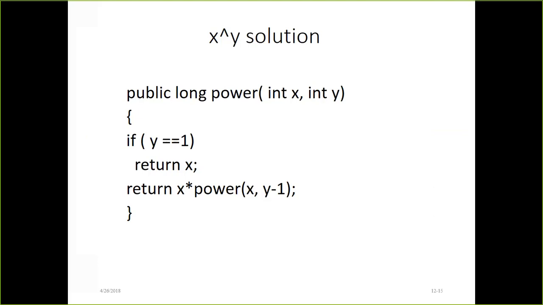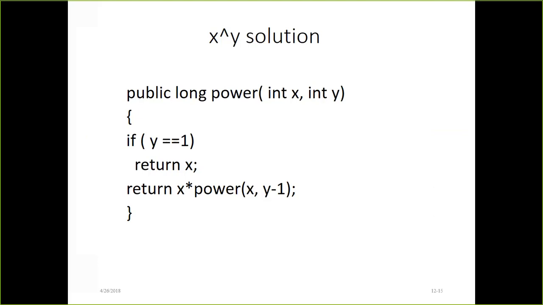Otherwise, we can do x times x times x times x times x, 5 x's, times x to the power 0. Then x to the power 0 equals 1, right? In that case, we will say if y equals 0, then return 1. There are two ways you can do it, okay?